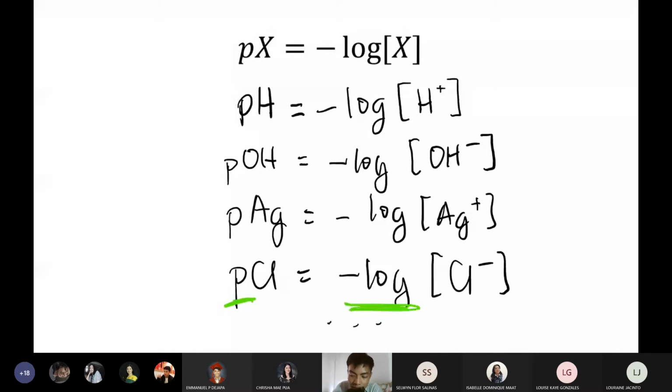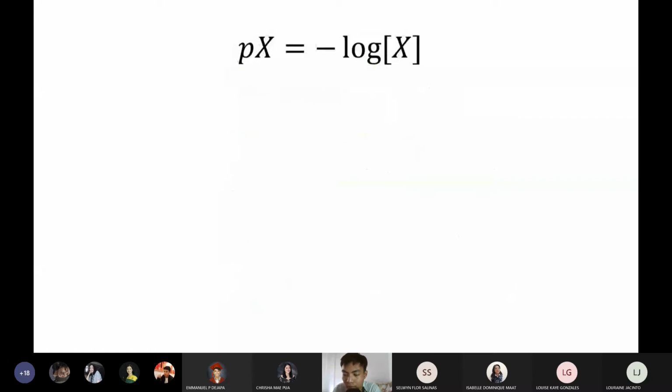So, P, negative log, pH, negative log ng H, pOH, negative log ng OH, pAg, negative log ng Ag. So, ganun lang. If you're given a certain mass of your substance in your solution, kunin mo muna yung molar concentration, then eventually, kunin mo yung kanyang pH by placing the concentration value into the negative logarithm.